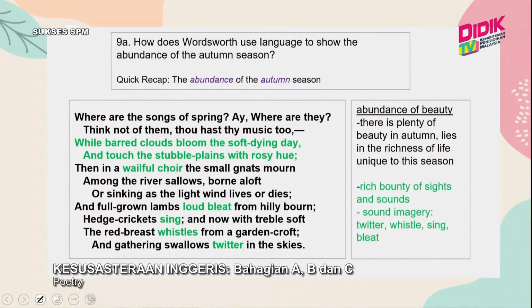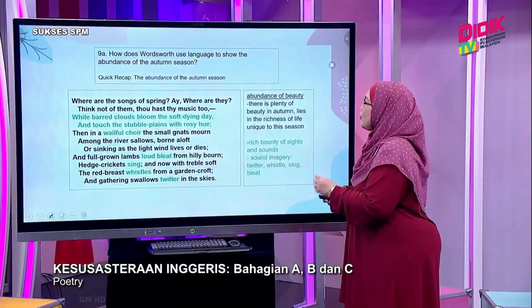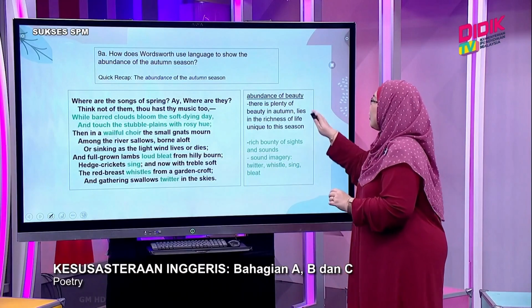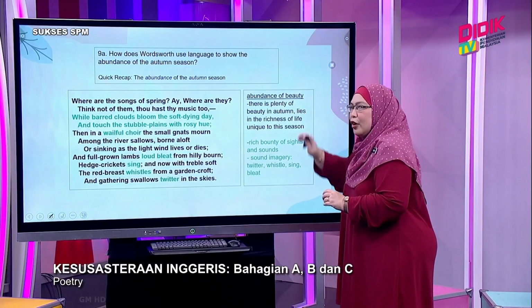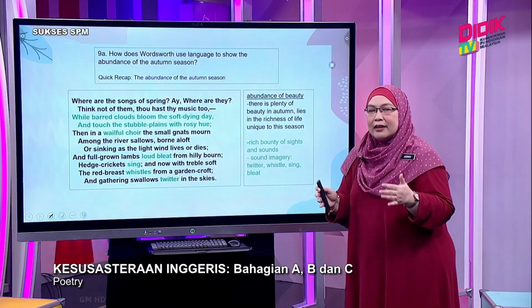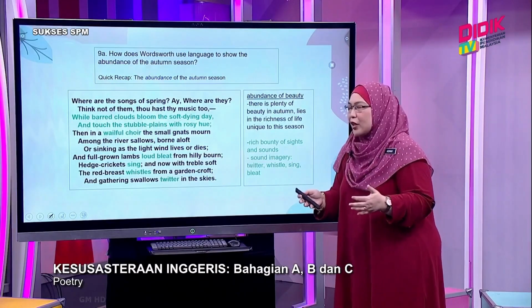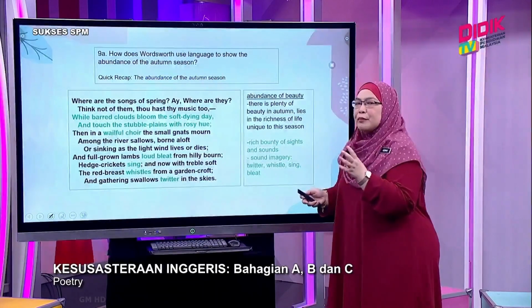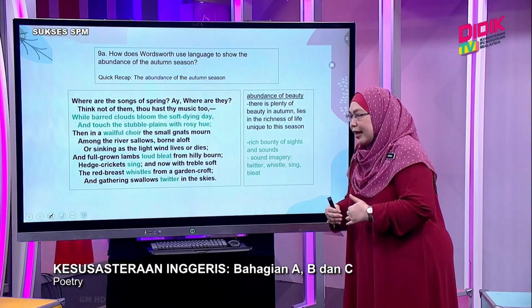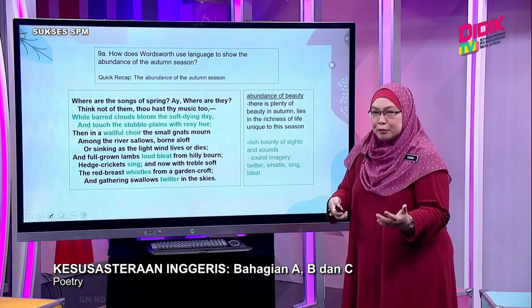Now we get to the last stanza, and this may be a little tricky. When we say the abundance of the autumn season, and I say autumn is filled with beauty, a lot of people out there, perhaps not students of the KI or Kesusasteraan Inggeris subject, might not see the word beauty as deep as they should, and perhaps only look at physical beauty.